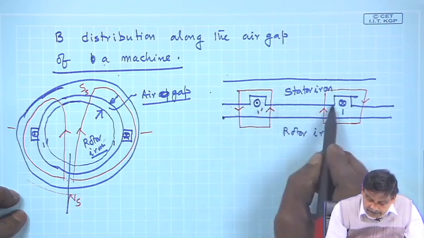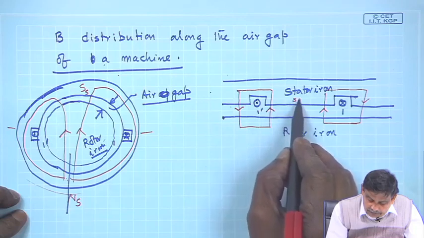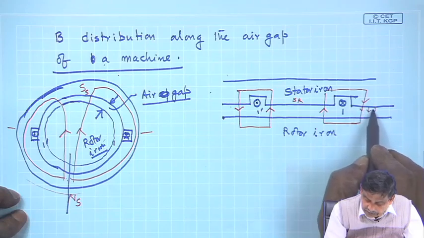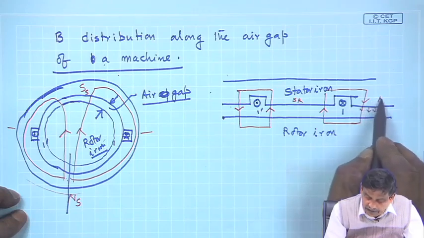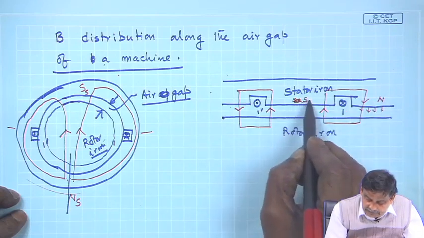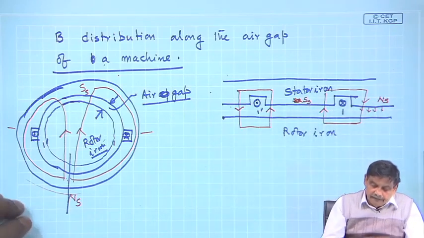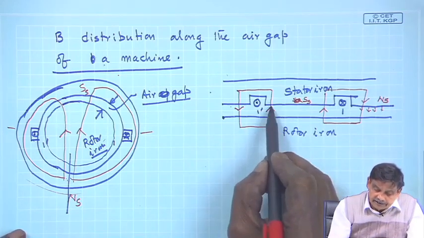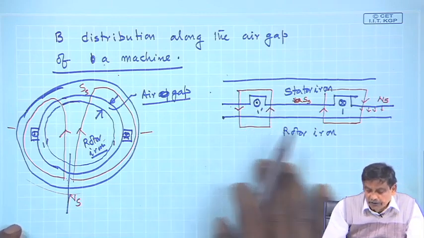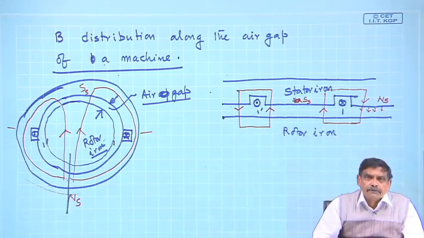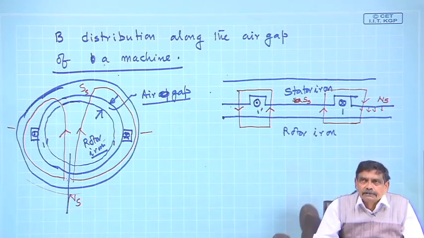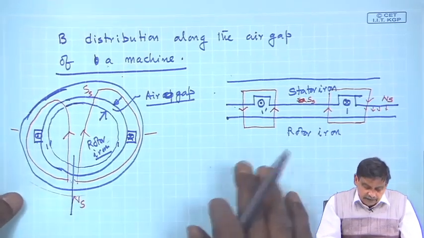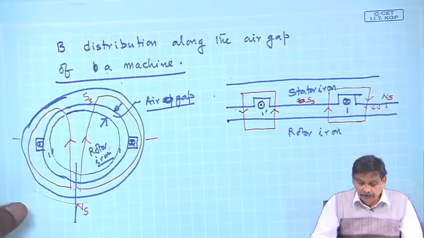So, this space will become the stator south pole from this to this, and this space from which lines of force come out of this iron is your N S S and N S. Okay. Now, I want to understand what will be the strength of this B and how it will look. Will its value remain the same? Will it be sinusoidal? Such things I will discuss now. So, thank you, and try to understand this disposition of the coil. Okay.